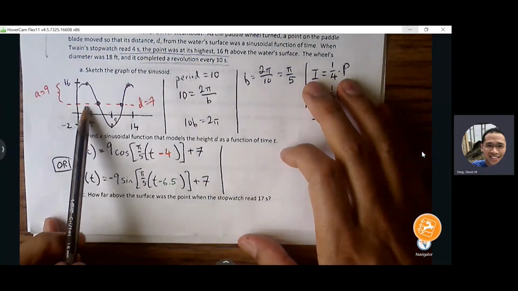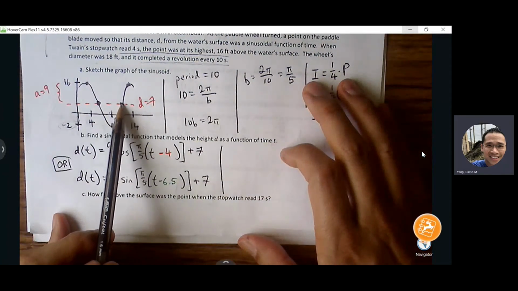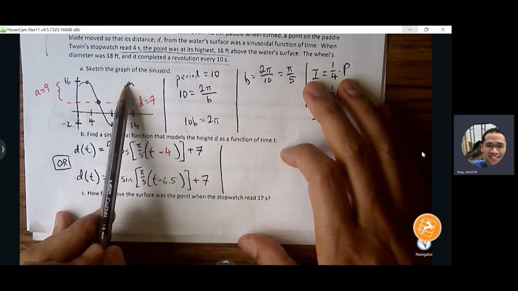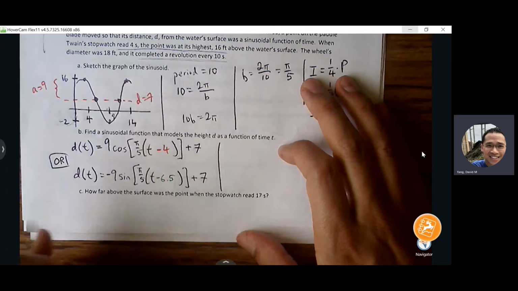Another option is I can shift it all the way over here to the second midline and just let it be positive because it's rising, as I expect from a sine graph.